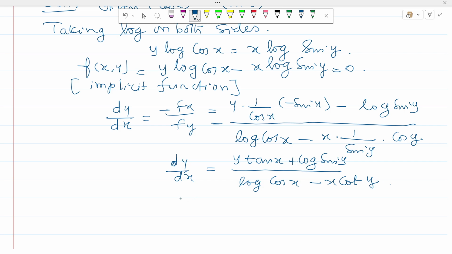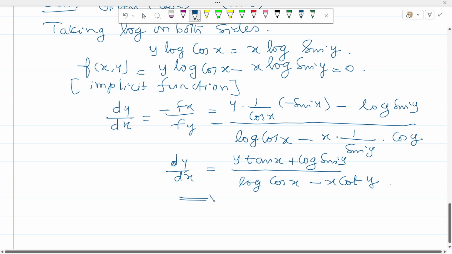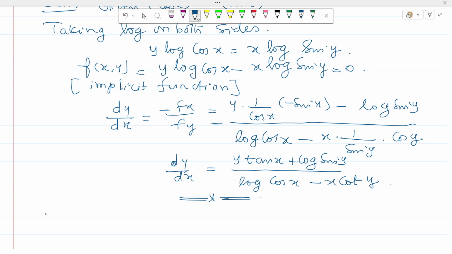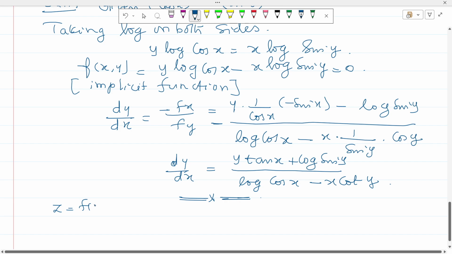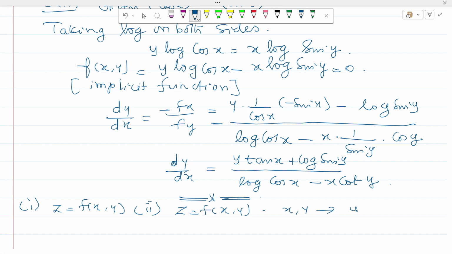See, this is the total differentiation. In the total differentiation, three topics are there. One is only z is a function of x comma y, that is one type. Second type is z is a function of x and y, and x and y are functions of u and v.